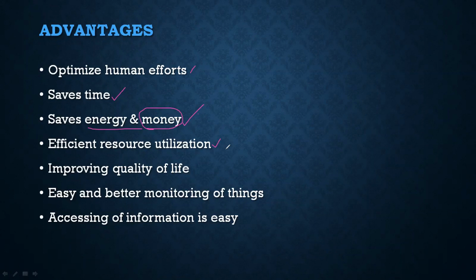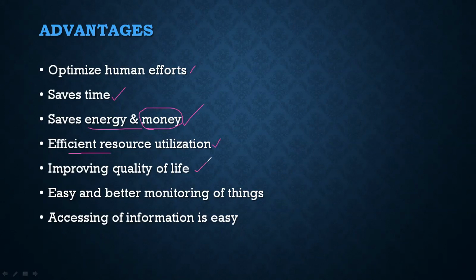Then the heater will intimate the coffee machine, then the coffee machine will intimate the car. Like that we saw in one example. That means we are perfectly using all these resources effectively. That's why an IoT system can use the resources efficiently. Next one is improving the quality of life.